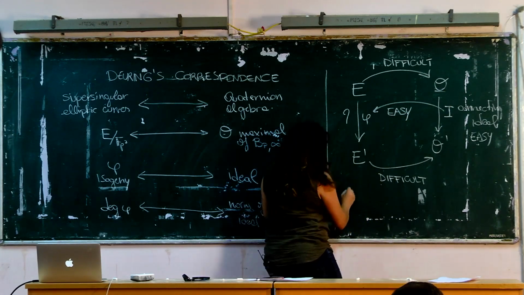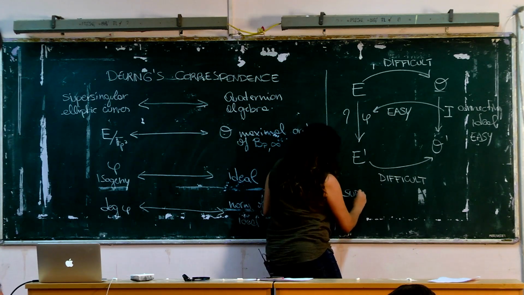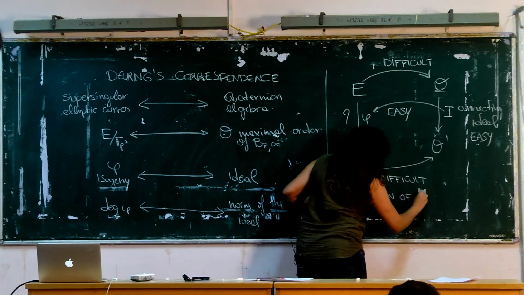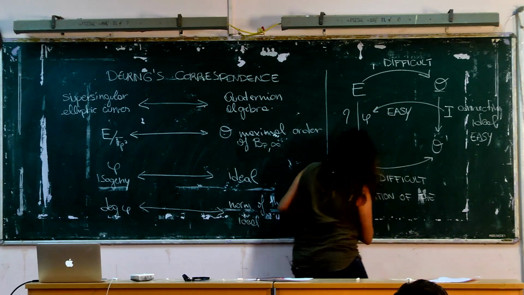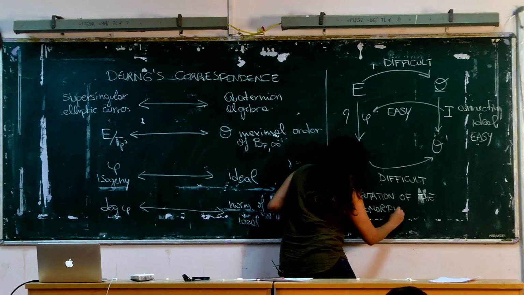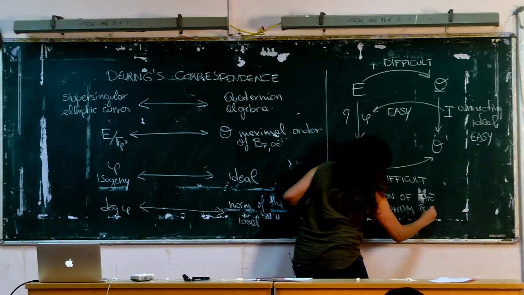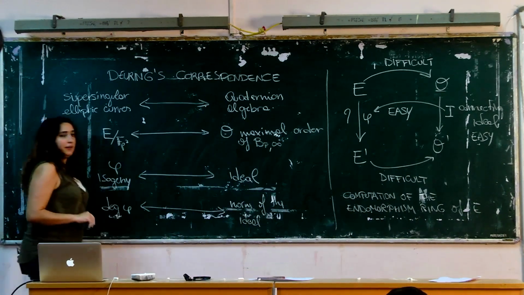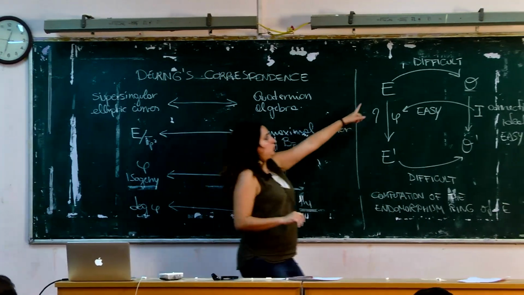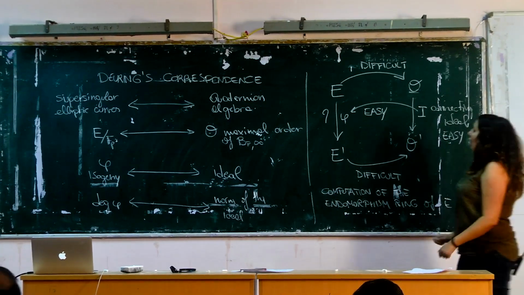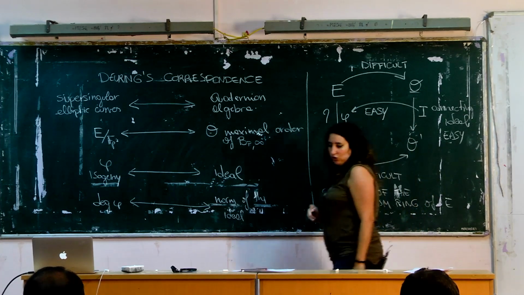This is exactly the supersingular endomorphism ring computation, the computation of the endomorphism ring of the elliptic curve E. So basically, if we are able to solve this problem, we are automatically also able to solve the problem of computing an isogeny.